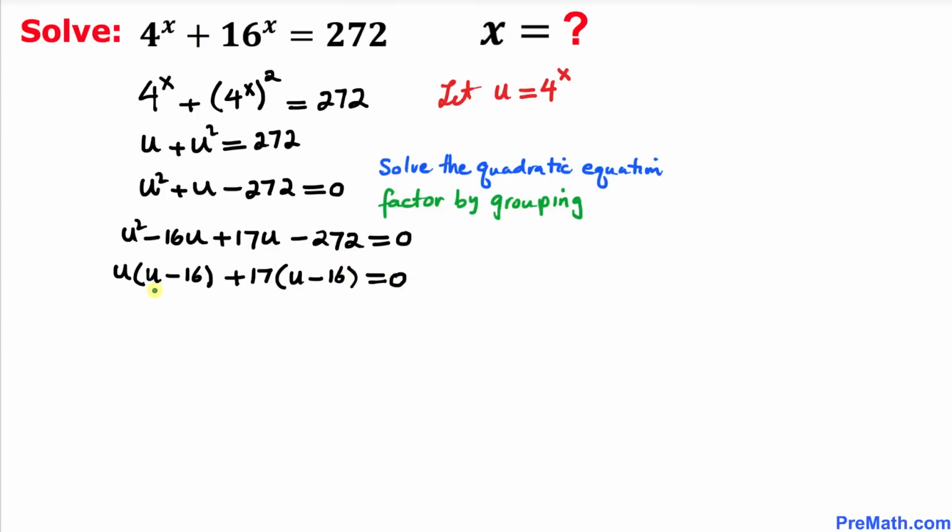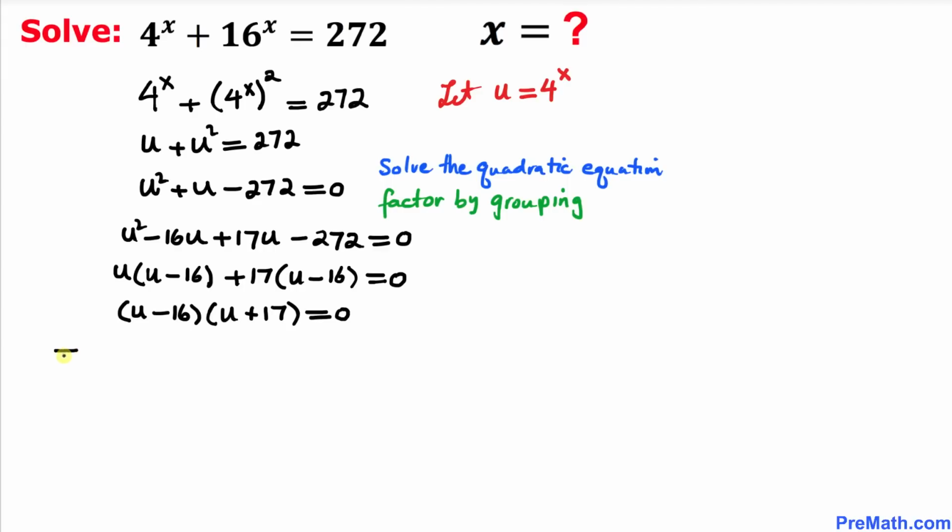And now we can see that u minus 16 is in common. So let's go ahead and factor that one out. So this could be written as u minus 16 times u plus 17 equals 0. Now let's separate these two factors since they are equal to 0.